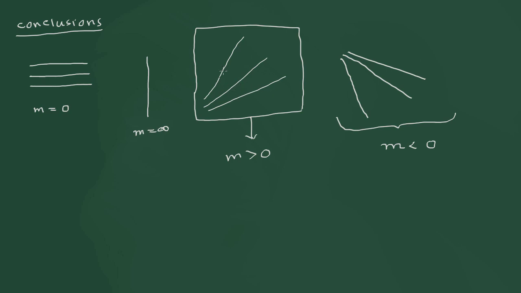But in the case of m greater than 0, for example, you can distinguish one line from the other. Okay, line number 1 is different from line number 2. But here, line number 1 and line number 2 are parallel to each other. So they will describe a similar physical phenomenon. So that is the point. Similarly, in the case of m equal to infinity, you can draw a parallel vertical line.